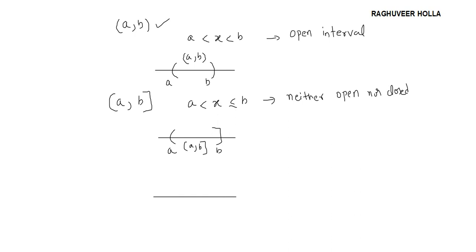If I draw a line, this is closed here and open there, so this is A and this is B, so this is [A, B), and this is A less than or equal to x less than B. Now if I consider again a straight line, and this is a closed interval, so [A, B], that is A and B. This is a closed interval.